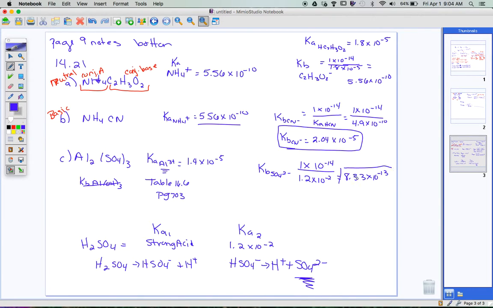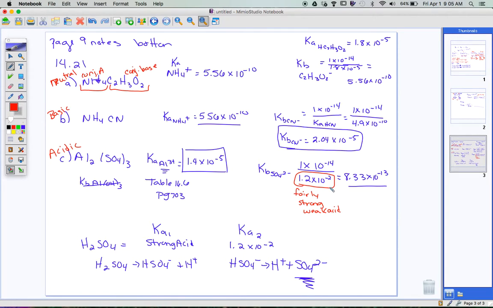So, oops, actually that one shouldn't be circled. That one's very, very small, much smaller than this one. So the Ka dictates, so this salt is acidic. Okay, and hopefully you're seeing the relationship that if this is technically a fairly strong weak acid, right?